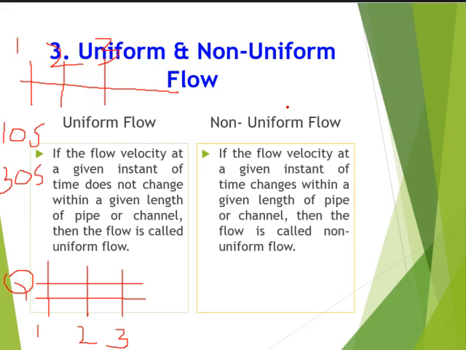Because if discharge is constant from the source and the area is constant, then the velocity will not change at any of these points. So this is an example of uniform flow. And an example of non-uniform flow is flow through a non-prismatic conduit or flow around a uniform diameter pipe bend, etc.